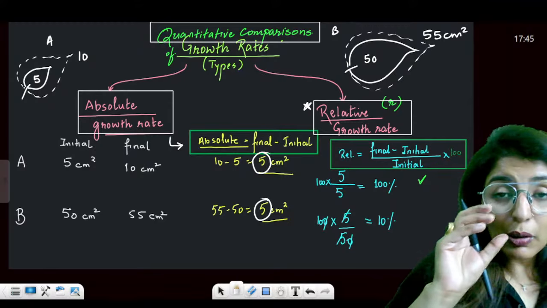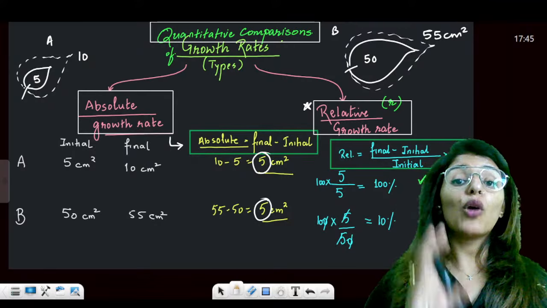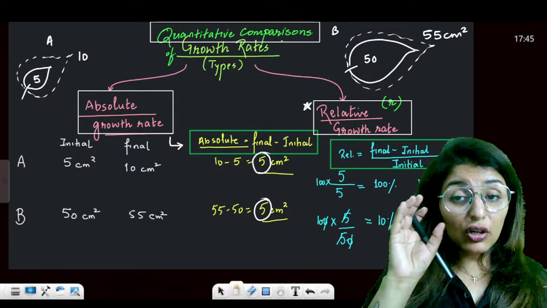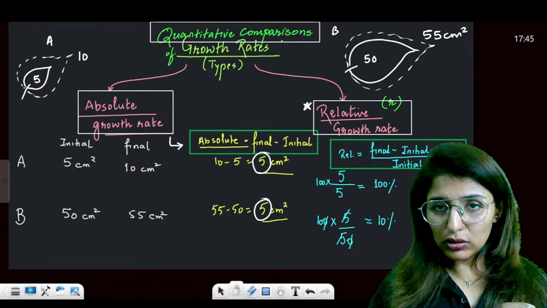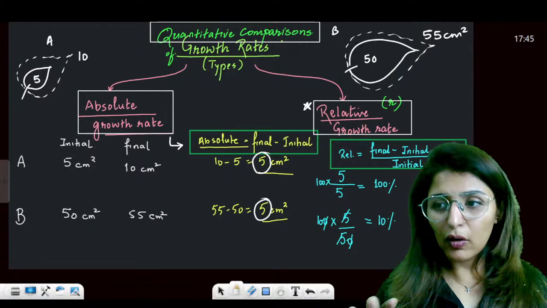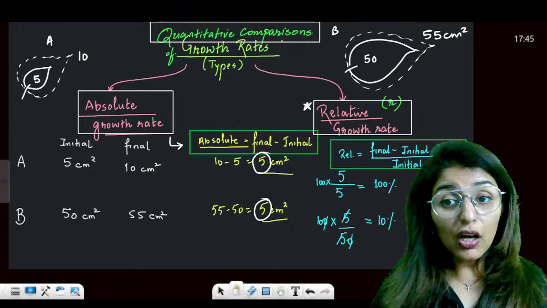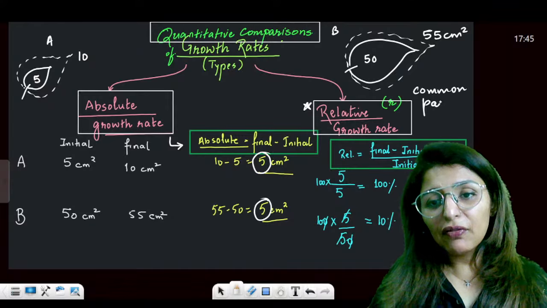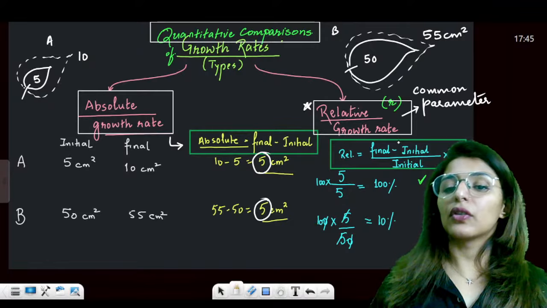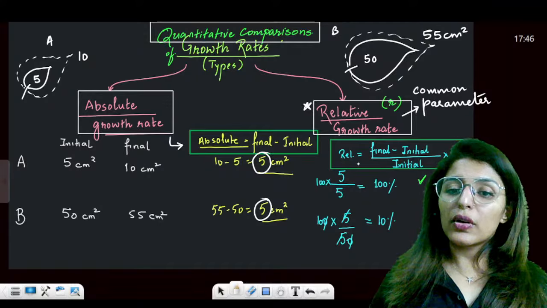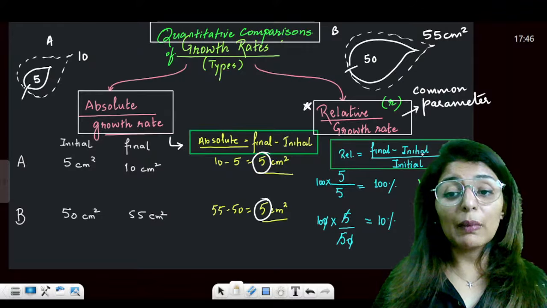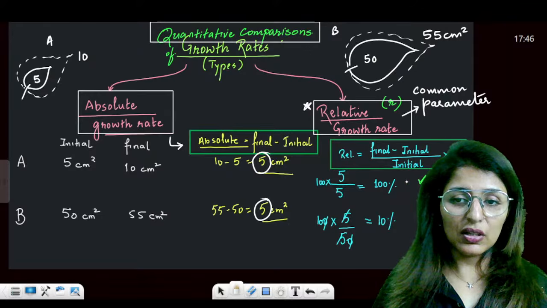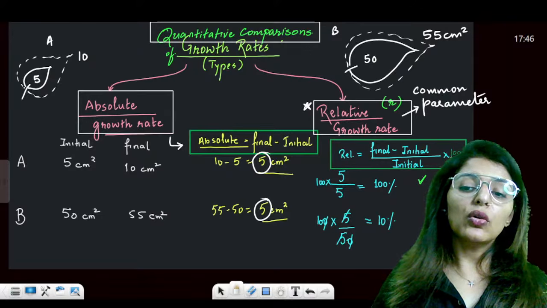But now if I talk about relative growth rate, there is a common parameter, which can be initial growth, initial surface area or initial length, for studying the relative growth rate. Relative growth rate is equal to final minus initial upon initial, into 100.